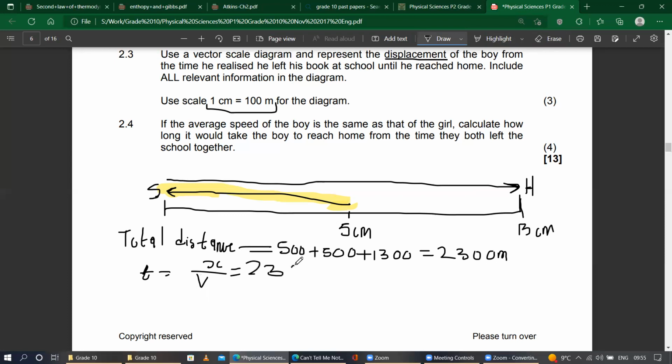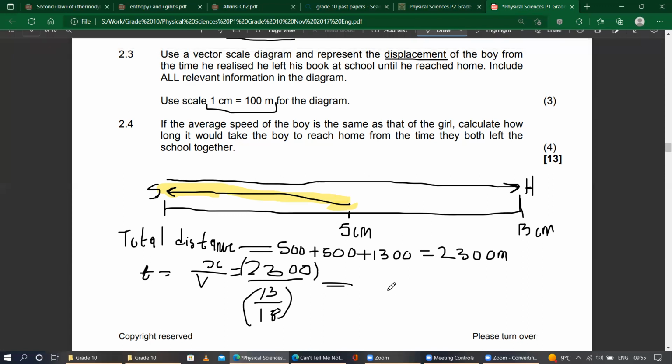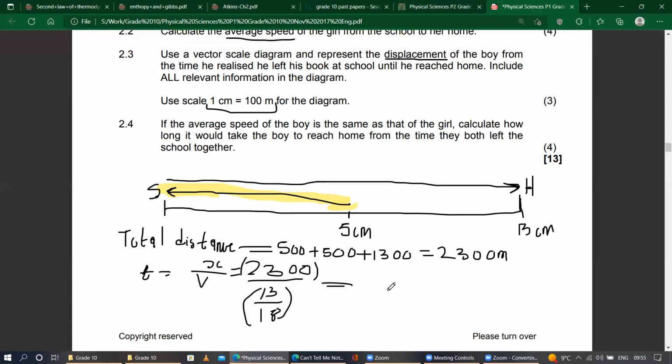And we're gonna get 2,300 divided by the velocity, which in my case I'm just gonna write as 13 over 18 in brackets. And we're gonna get our answer: 2,300 divided by 13 over 18.